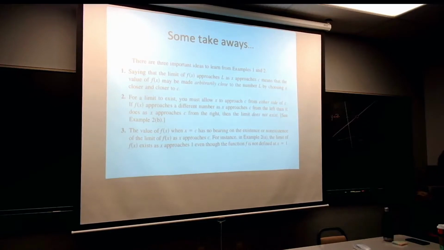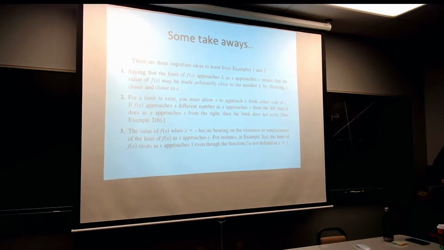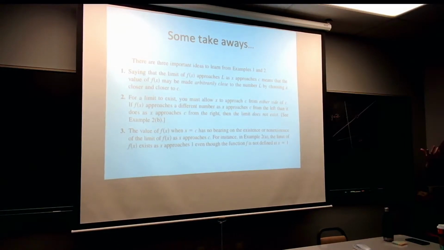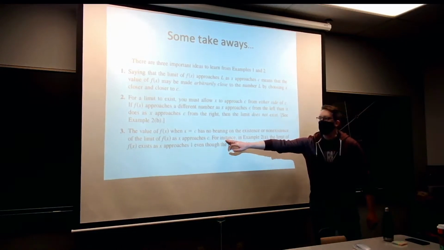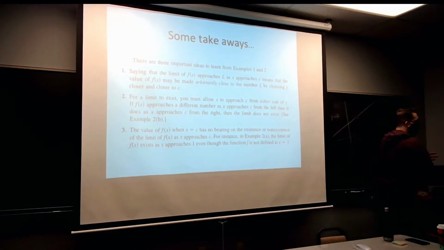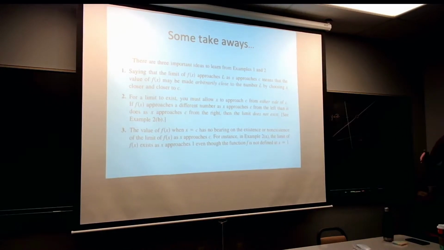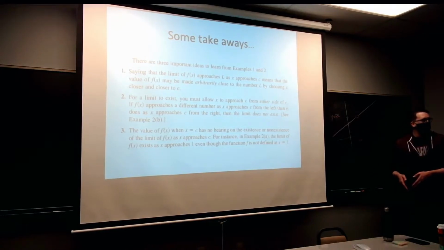Similarly, if our limit from both directions don't agree, then our limit doesn't exist. And if f at c is equal to something, that doesn't necessarily mean our limit will be equal to that something. Does that make sense what I mean?